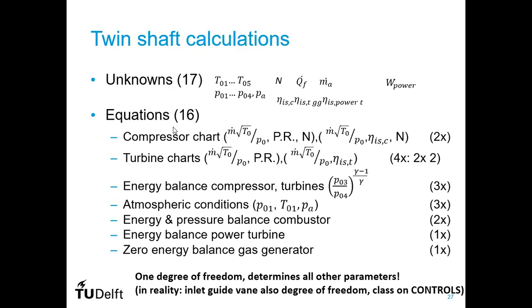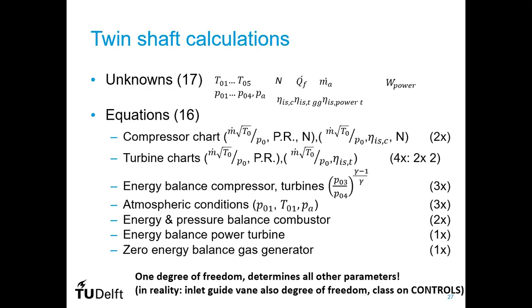So, the energy balance of the gas generator, the balance between the turbine and the compressor of the gas generator, you know the power delivered by the power turbine. We know the energy and pressure balance over the combustor, the atmospheric conditions, the energy balance of the turbines and the pressure balance of the turbines, turbine chart, compressor chart. If you sum it all up together, you come to 16 equations and 17 unknowns. So you have 1 degree of freedom.